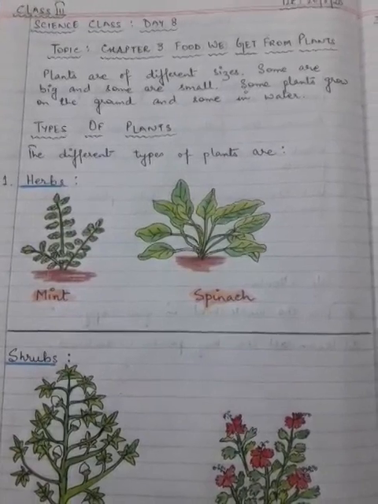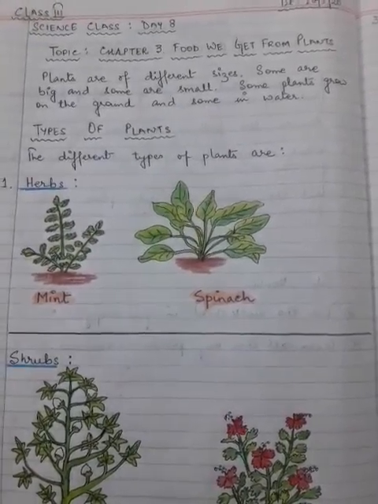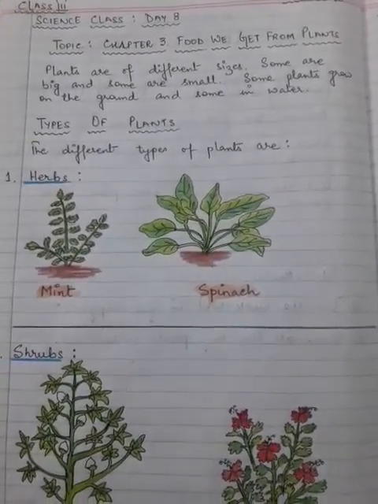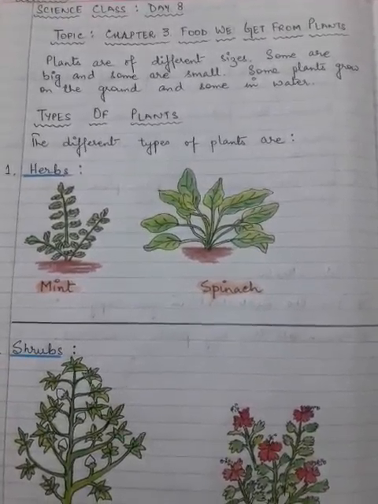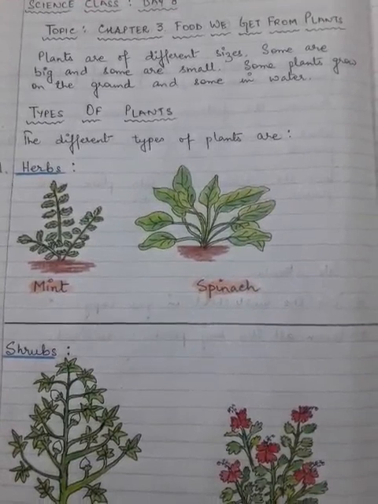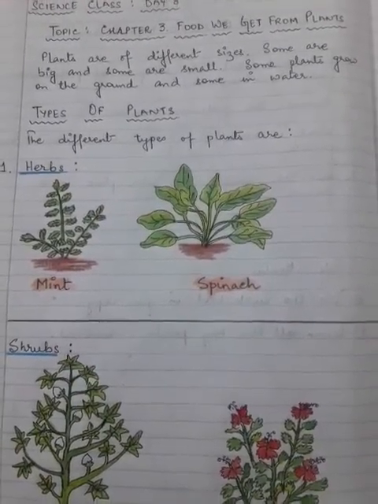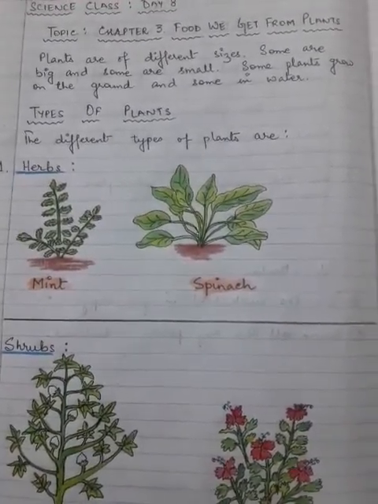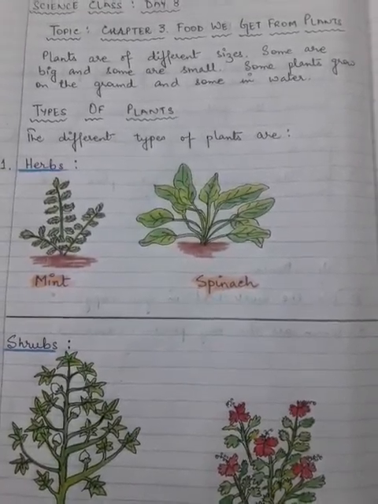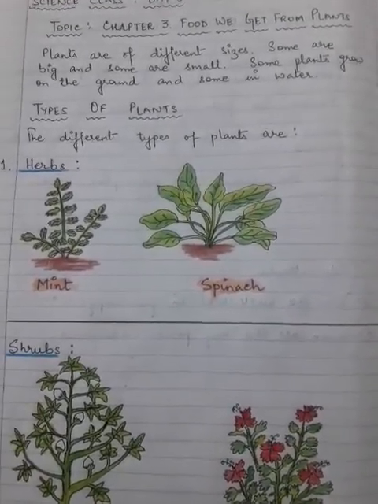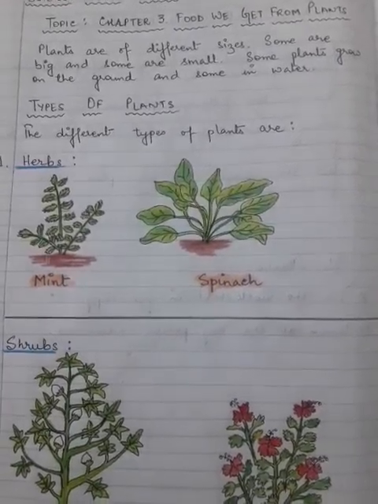Today we will have our science class, and we'll start with a new chapter, that is food we get from plants. In the last chapter we studied living things and non-living things, and today we will study the new chapter, food we get from plants.